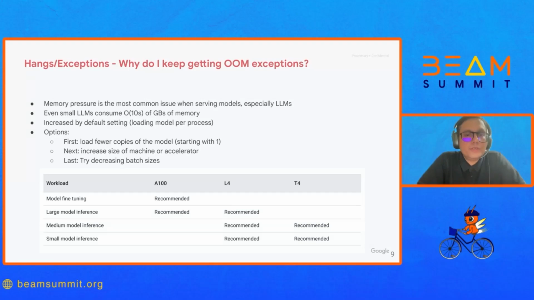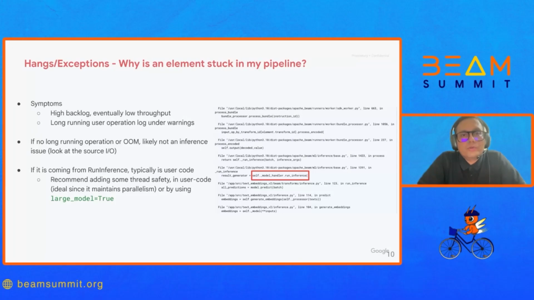And each accelerator type generally has an associated machine type which goes well with it and can be used. Lastly, try to decrease the batch size because larger batch sizes, for example, in an image classification pipeline that bundles a lot of images together into the RunInference step, can result in a lot of OOMs.